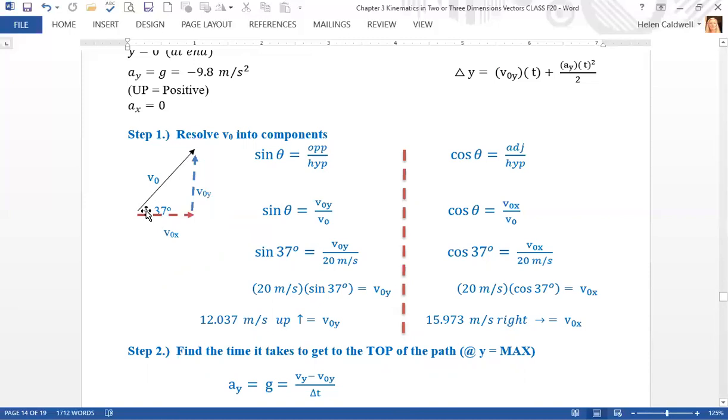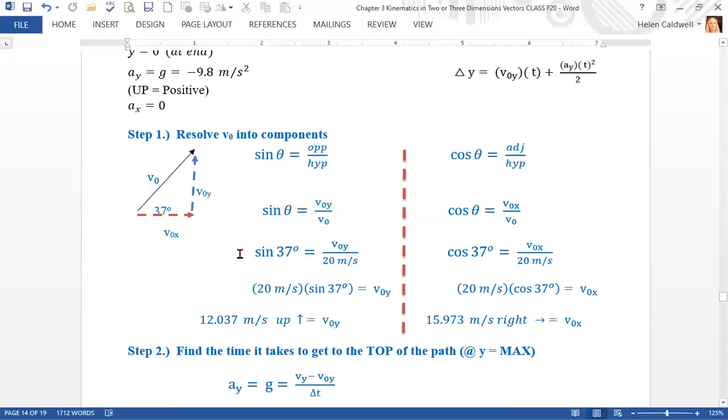And just like before, when you resolve into components, we're going to use sine and cosine. So sine theta is opposite over hypotenuse. In this picture, because the angle we picked was down here in the left-hand corner, opposite is V0y, and hypotenuse is V0.